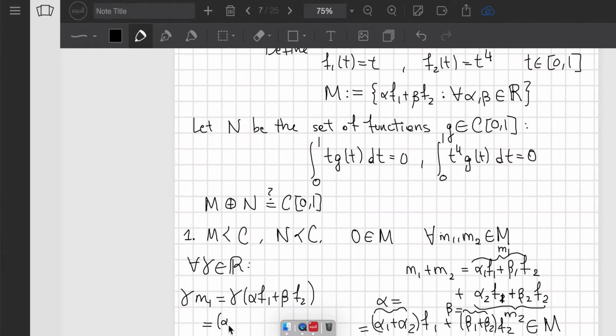We can distribute this and say that this is equal to alpha gamma f1 plus beta gamma f2, and clearly this is again in the form real number times f1 plus real number times f2. So this also belongs to M.